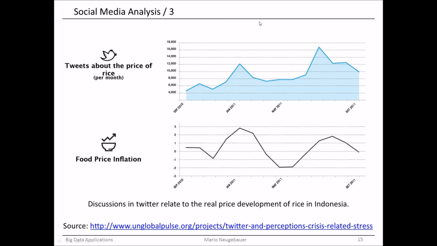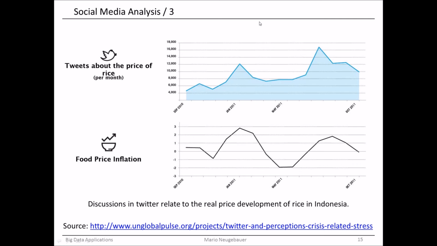Here in this slide, you see a result of such a social media analysis, and it shows the development of the price of rice per month in relation to discussions at Twitter.